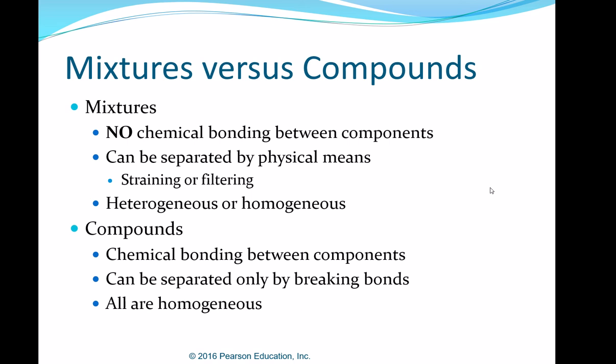They're completely similar throughout. Conversely, mixtures have no chemical bonding, and they can be separated by physical means, like perhaps doing some centrifugation or straining or filtering. And so mixtures can be homogeneous, like a solution where it's all spread out really evenly, or they can be heterogeneous, where they're not quite as evenly mixed. And that's really the difference there.